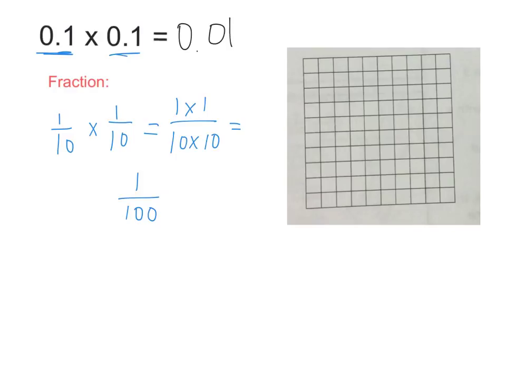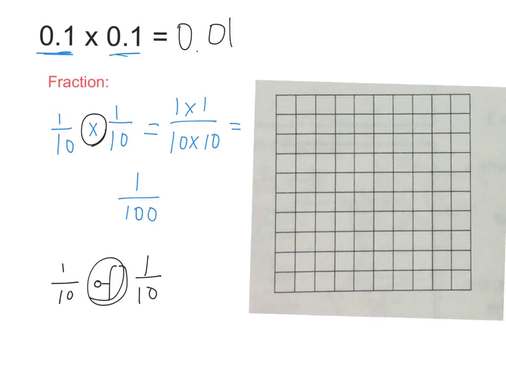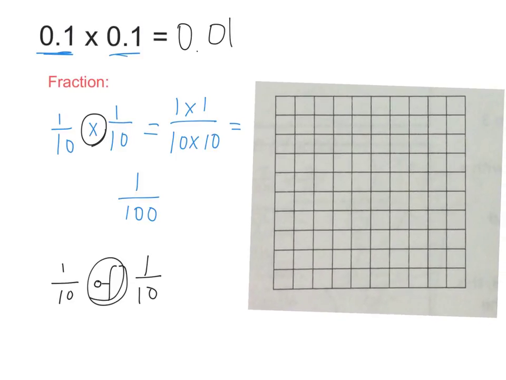Let's also learn how to model it, okay? How can I write 1/10 times 1/10 in words? Could it be 1/10 of 1/10? Yes. Because we know that the word of is the same as the multiplication symbol, right? So if I have a rectangular fraction model, you can see that this is 10 squares by 10 squares.